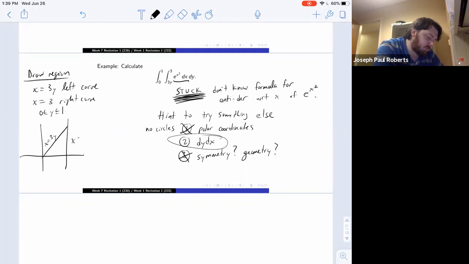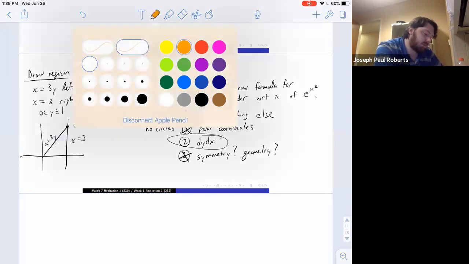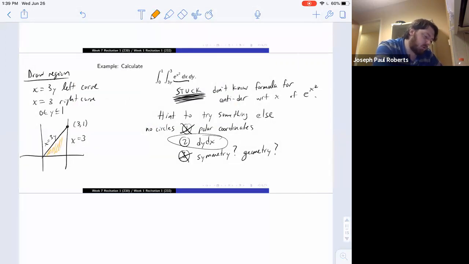What does x equals 3 look like? It's the vertical line x equals 3. These two intersect at the point (3, 1). So for y between 0 and 1, you start at x equals 3y and stop at x equals 3. This is the region we're looking at. It's that triangle.